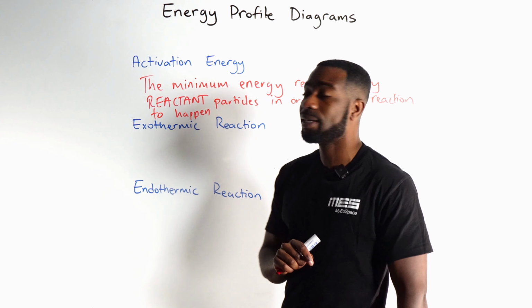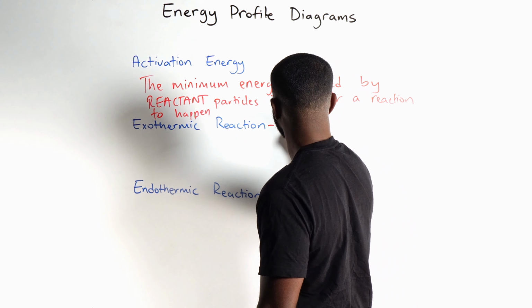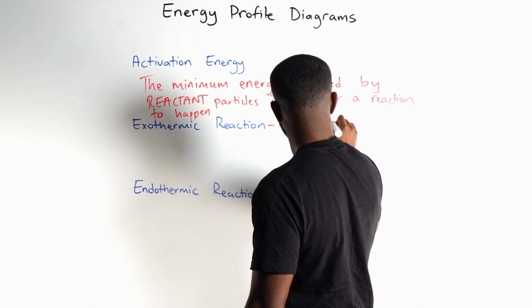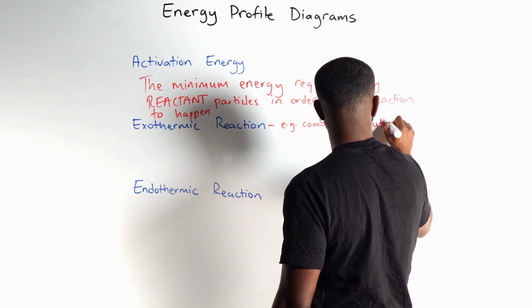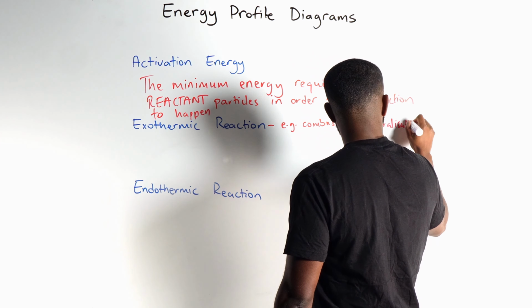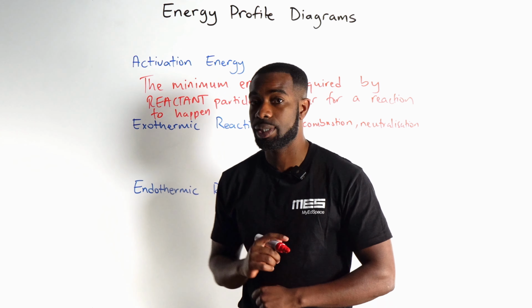Next, we need to know about exothermic reactions. You can tell me some examples here. Combustion is an example here. Neutralization is a good example as well. And an exothermic reaction is a reaction that gives out energy to the surroundings.